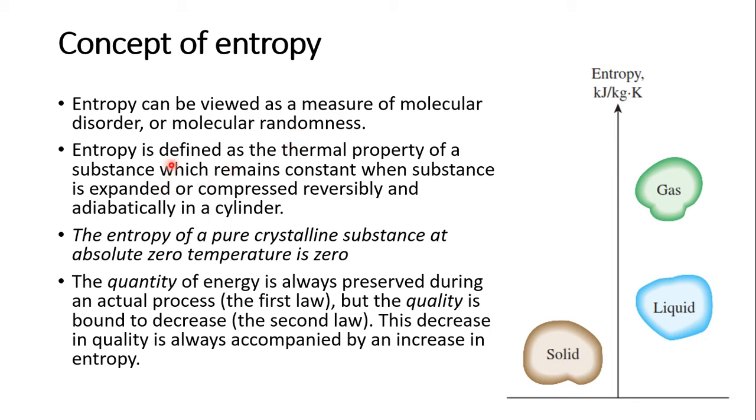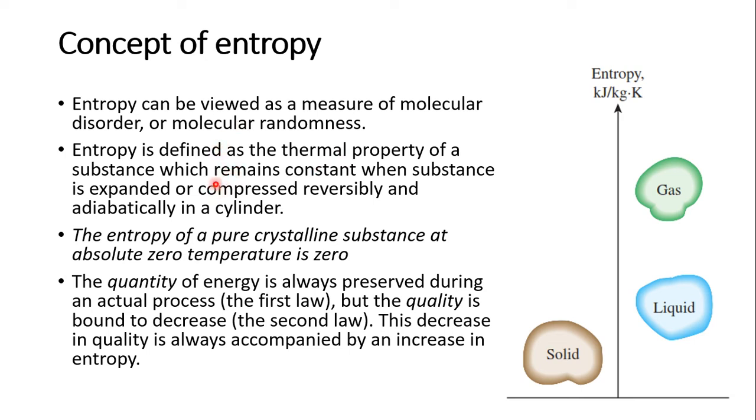Now entropy is defined as the thermal property of a system which remains constant when a substance is expanded or compressed reversibly and adiabatically in a cylinder. Now the meaning of this is right now unclear, so we'll take some examples as we proceed ahead, and we'll come back to this definition of entropy. So there are multiple definitions of entropy.